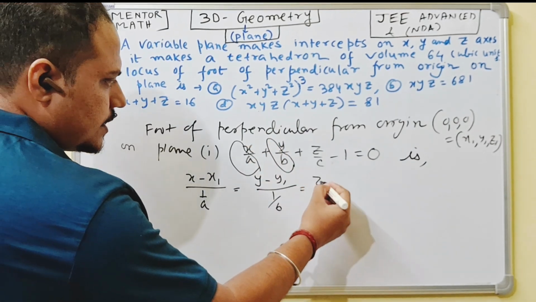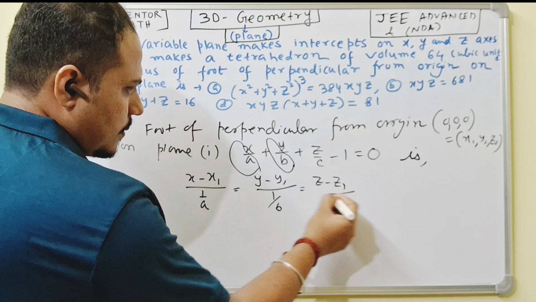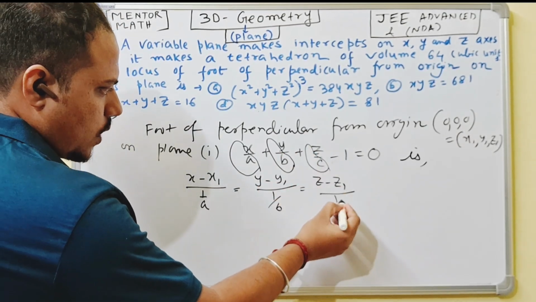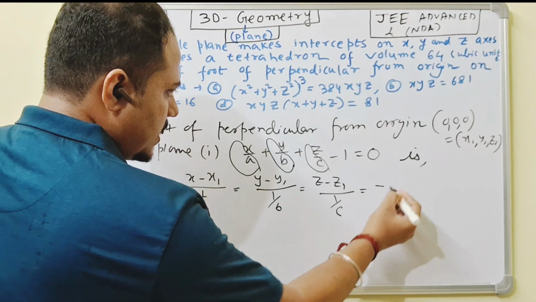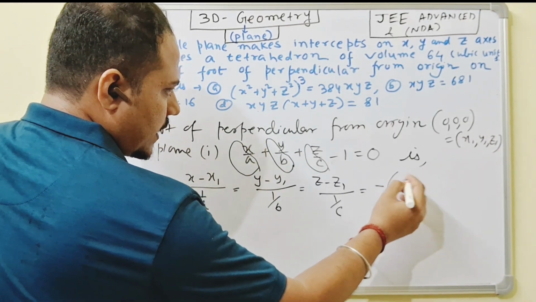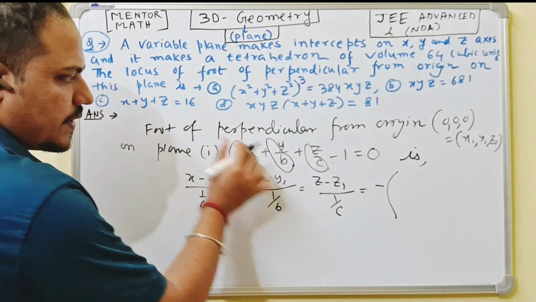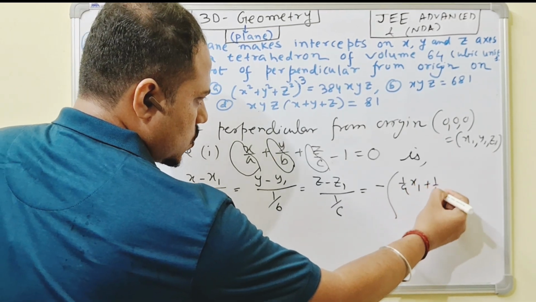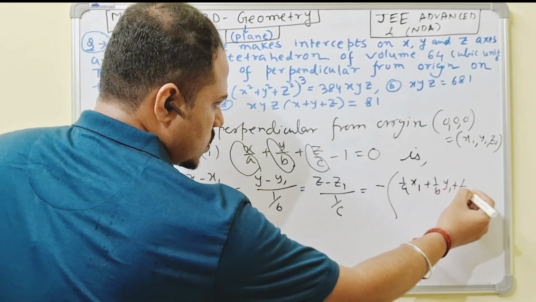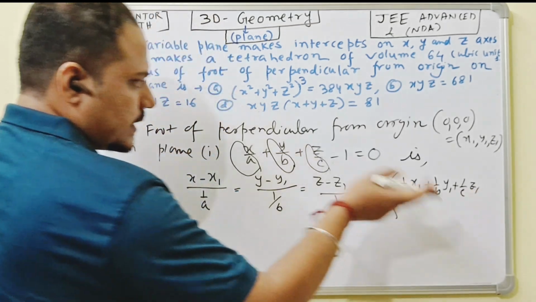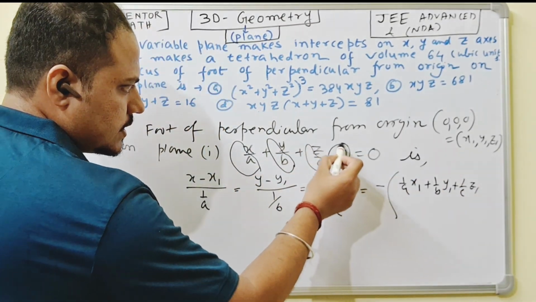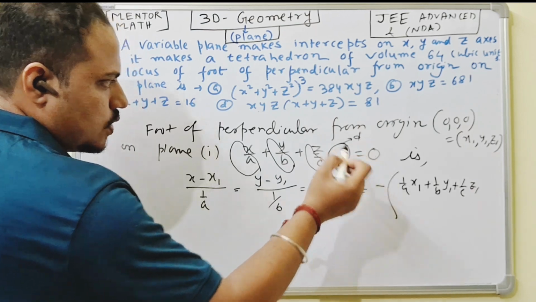And similarly (z minus z1) by c, here the direction cosine of the z-axis is 1 by c, is equal to minus of (a x1 plus b y1 plus c z1). Here a means the coefficient of x, that is 1 by a into x1, plus 1 by b into y1, plus 1 by c into z1. Then finally, that is your d. Here d means that is your minus 1.